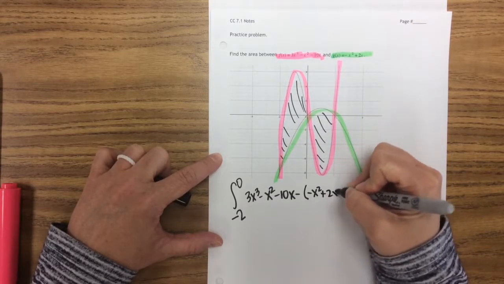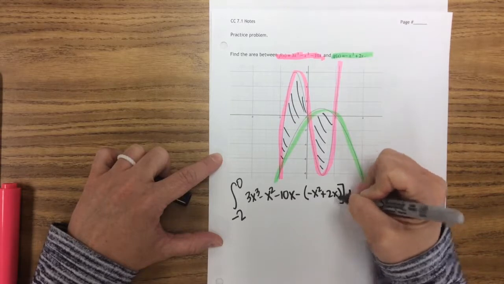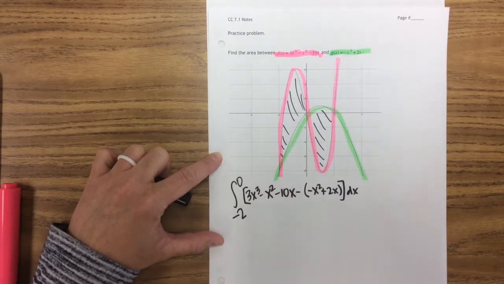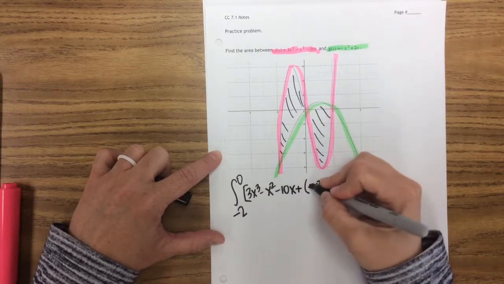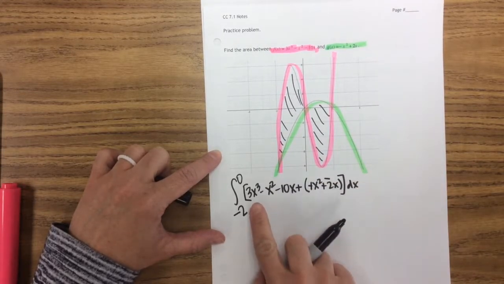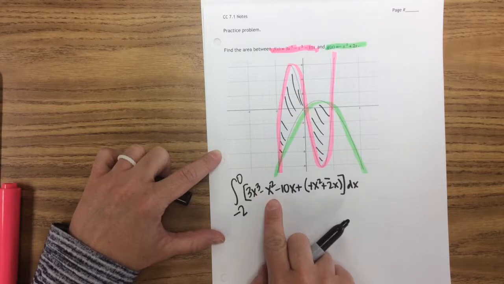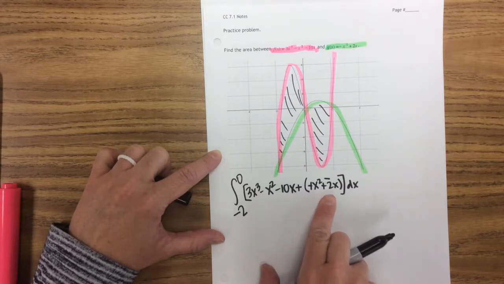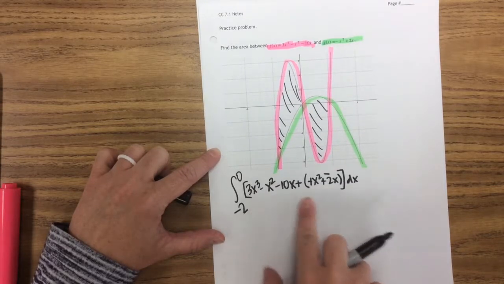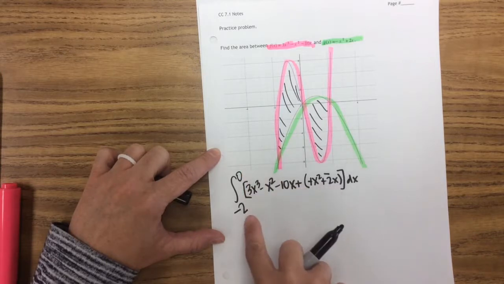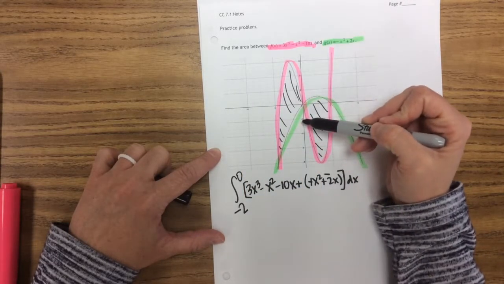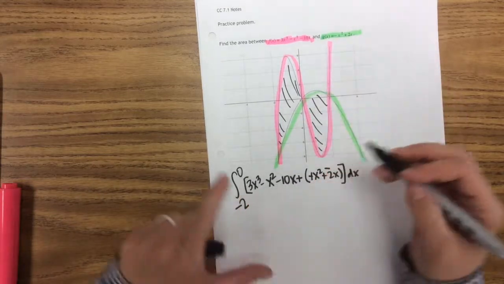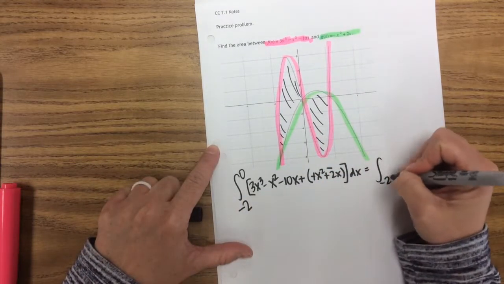I have to put the green one in parentheses because I need to subtract the whole thing, so I need to distribute that negative to both terms. So I end up with 3x cubed minus x squared minus 10x plus x squared minus 2x. I'm going to do the antiderivative of that, plug in 0, plug in negative 2, subtract, and I'll have that area. I'm going to combine like terms first.